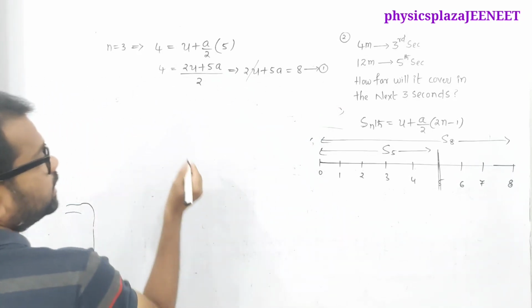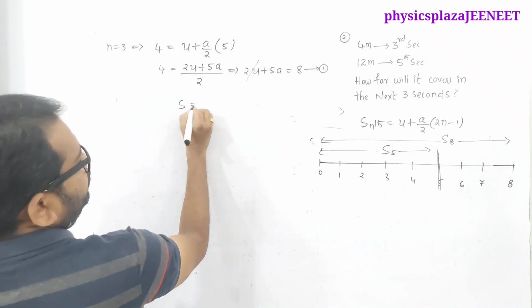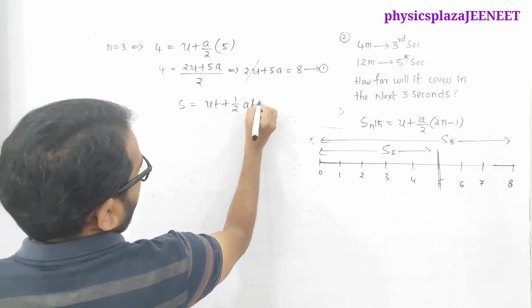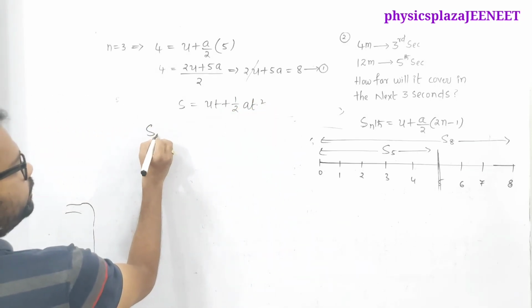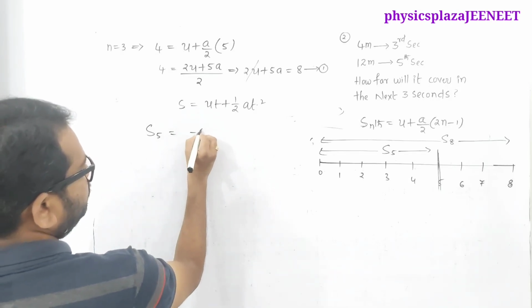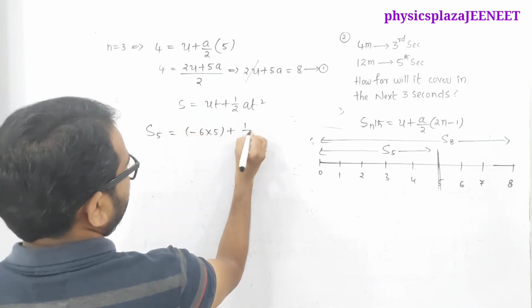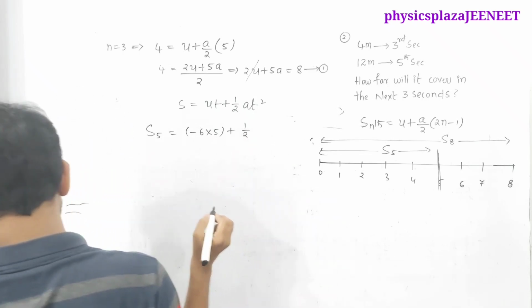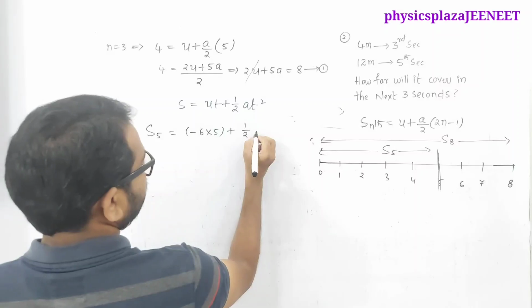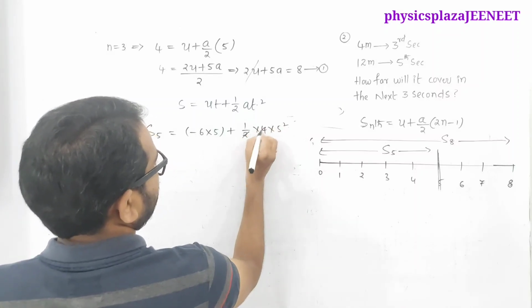So children, distance covered in a given time t is ut plus half at square. Distance covered in 5 seconds we are doing. u is how much we got? Minus 6, t is 5, plus half, acceleration a we got as 4, into 5 square. 2 1s are 2, 2 2s are 4.